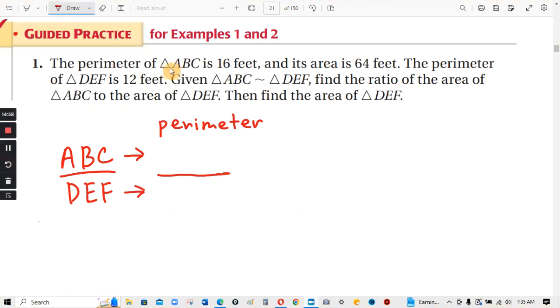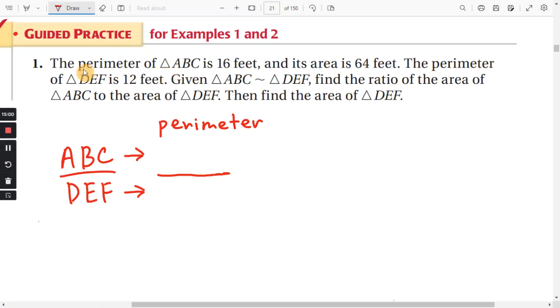All right, so for ABC, the perimeter is 16. And for DEF, the perimeter is 12. You want to reduce that to make it easier.